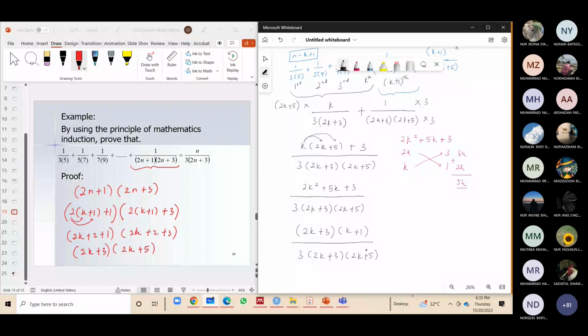Then if you look at this, you can simplify. (2k+3) and (2k+3) we can just cancel out.